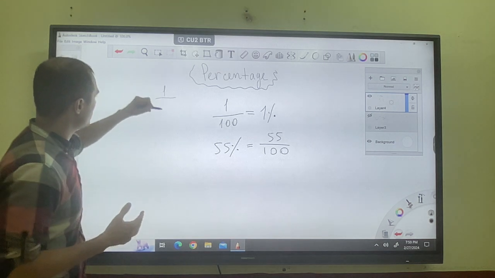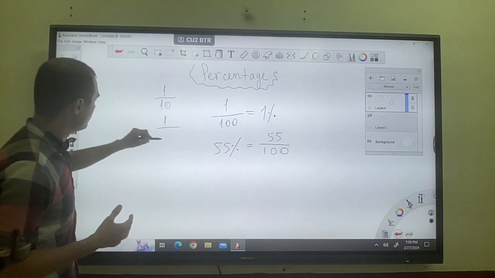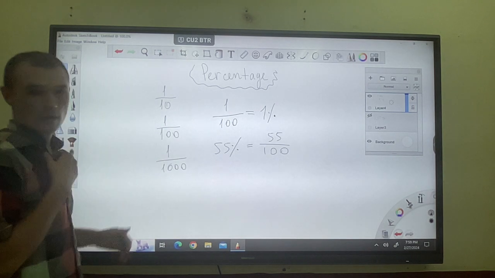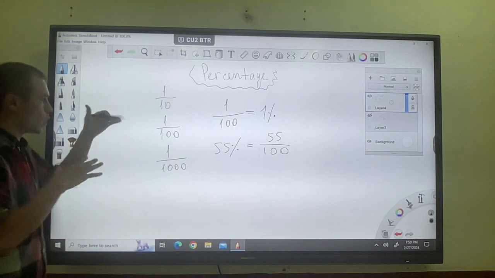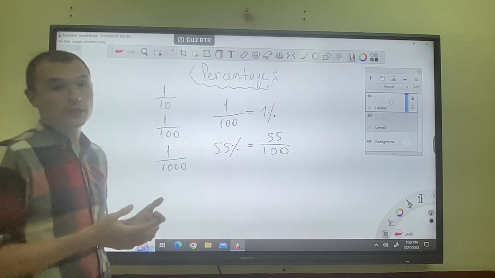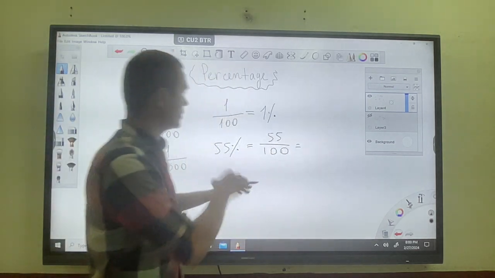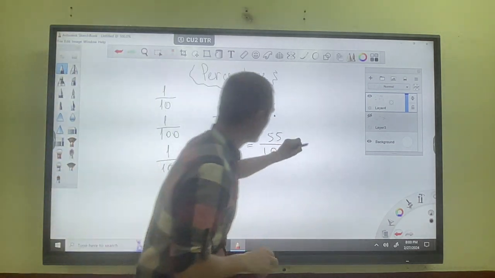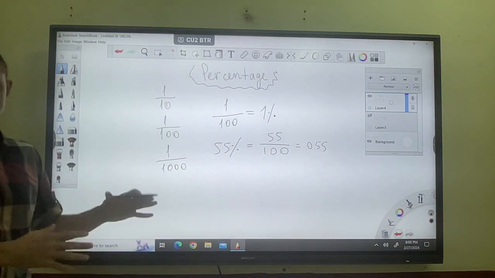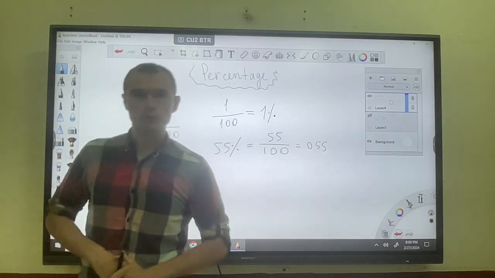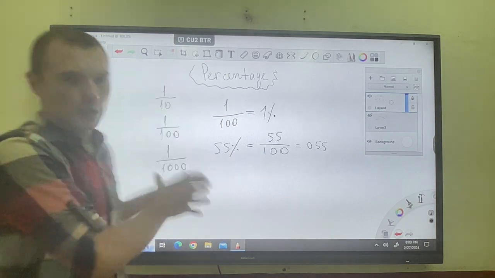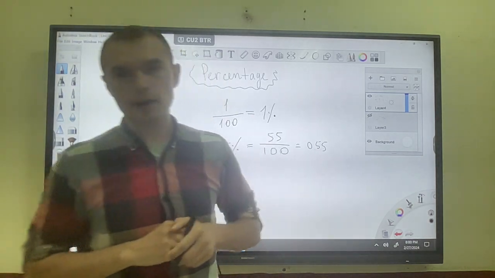In the denominator, we need to have round numbers such as 10, 100, thousands, and so on. So if we see 55 over 100, we may easily put in the decimal point two places and we'll have 0.55. I guess it's pretty understandable how to understand the percentage. Okay, hopefully it's clear.